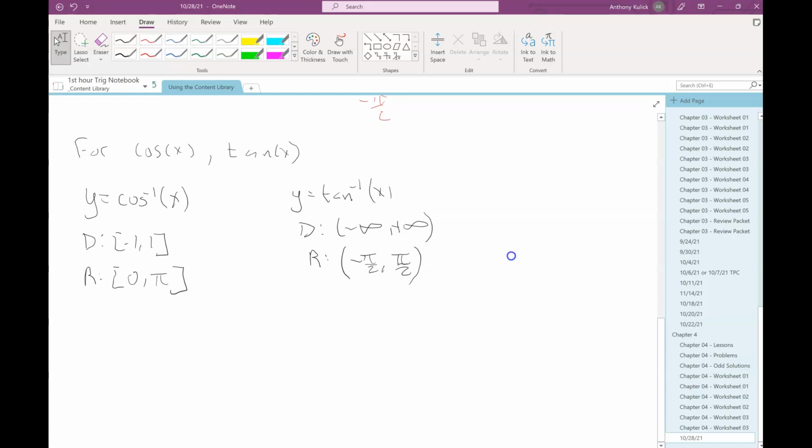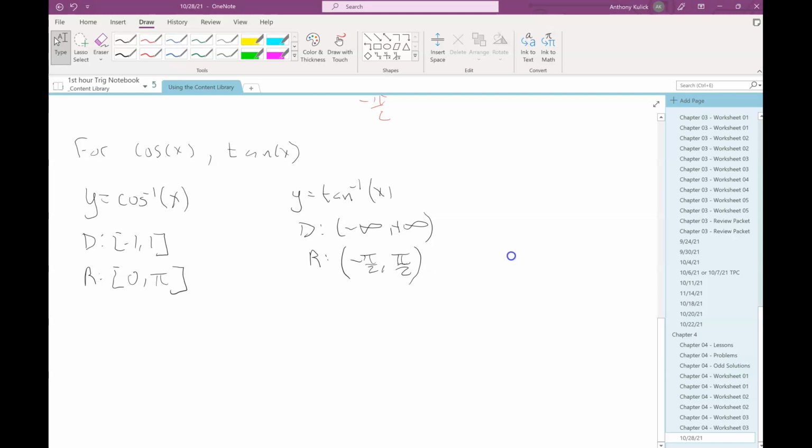Okay? Landon? Those points you just gave are the base ones, right? So these aren't points, these are the domains and ranges. So these are sets of values. So if you think about sine, cosine, the biggest value that sine or cosine can have is positive 1, and the smallest is negative 1. So the inputs to the sine or cosine inverse are going to have to be a value between negative 1 and positive 1.